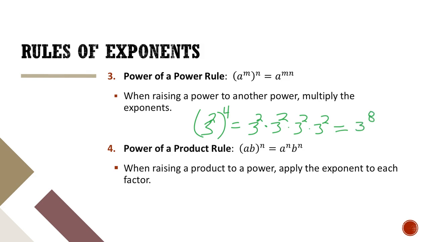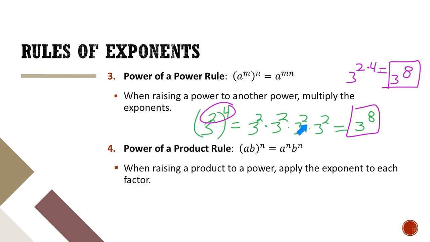If we just multiplied these two together, 2 times 4 is 8. So 3 to the 2 times 4 is equal to 3 to the 8th. It's a simpler way of getting the same number instead of writing out all of that work.